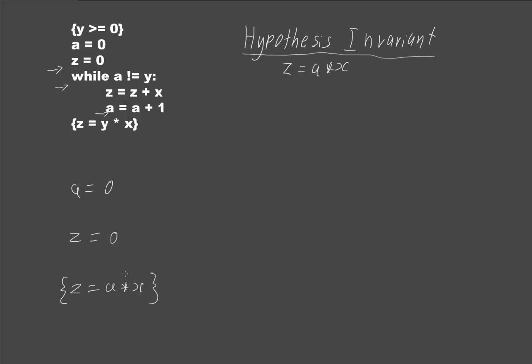So, to prove that, what I'm going to want to make sure that I have directly above it is a way to substitute 0 for z. So above it, I'm going to want 0 equals a times x.